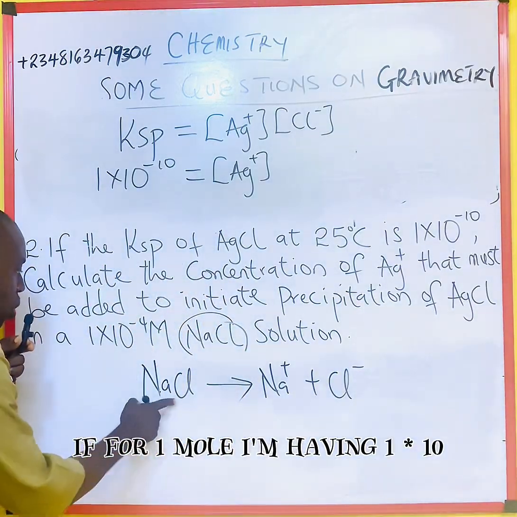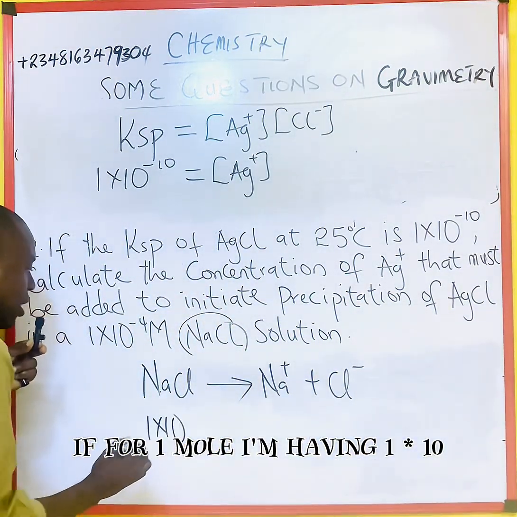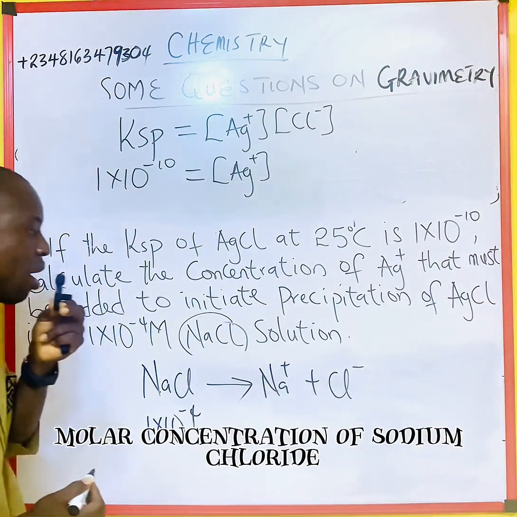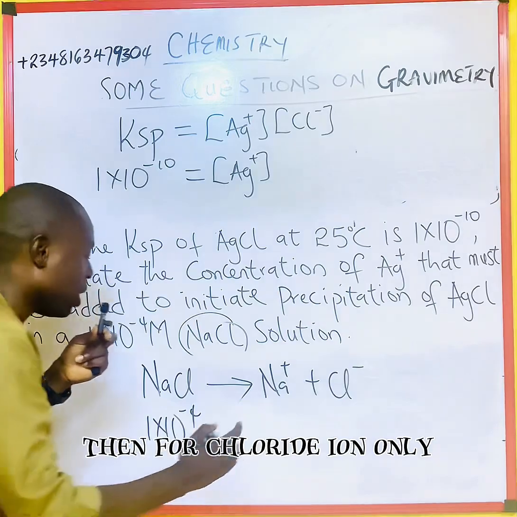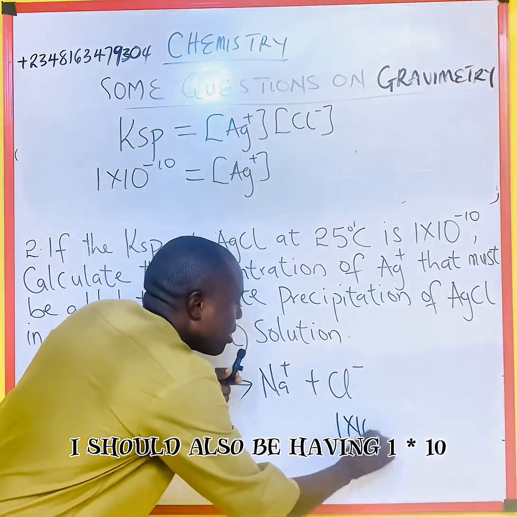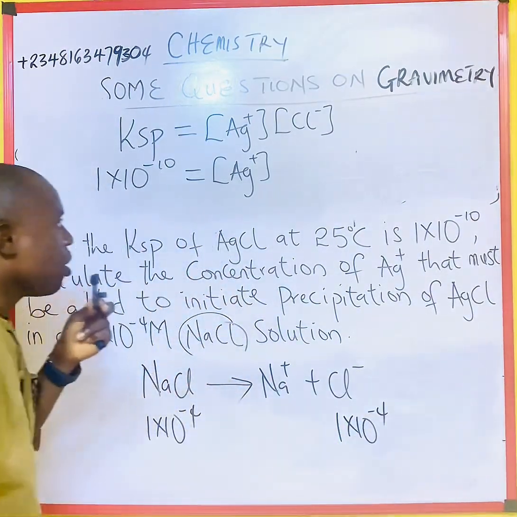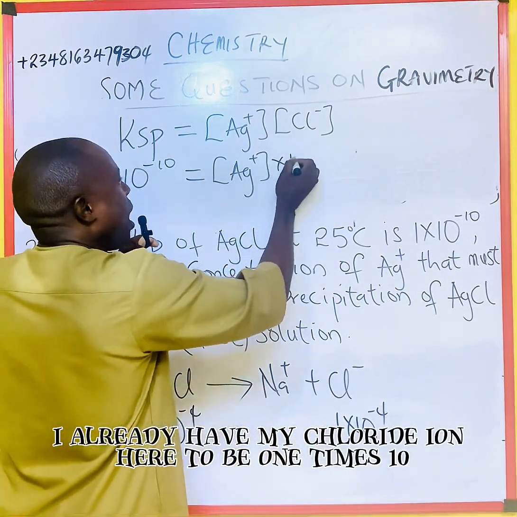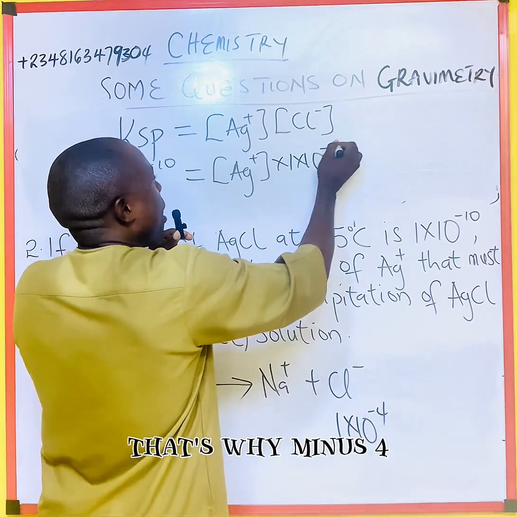If for 1 mole I'm having 1 times 10 raised to the power minus 4 molar concentration of sodium chloride, then for chloride ion only, I should also be having 1 times 10 raised to the power minus 4, right? So I already have my chloride ion here to be 1 times 10 raised to the power minus 4.